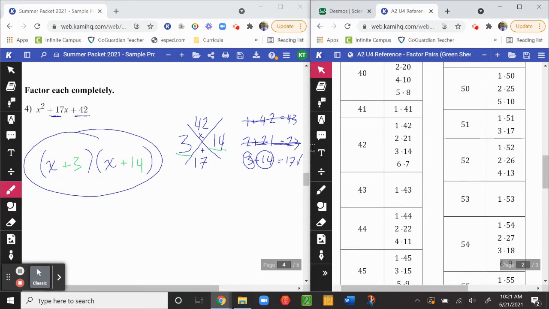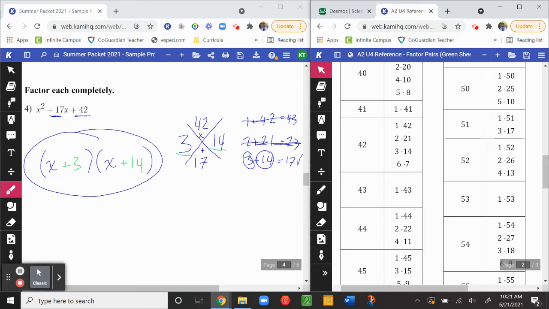I can use my factor table as a reference to look up all the possible integer factor pairs that make my constant. Once I found those magic numbers, my m and n, I can plug them into factored form using the variable from the original problem, parentheses, and plugging in the numbers that I discovered with the x game.